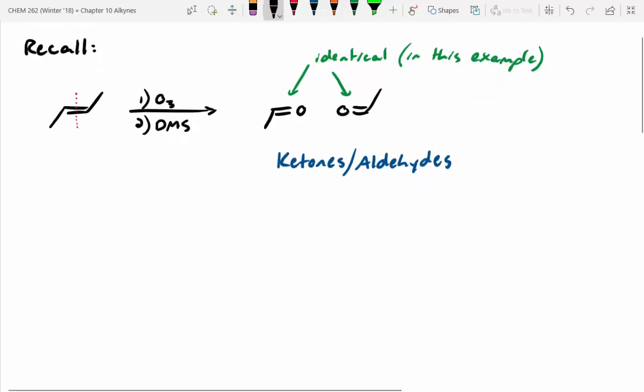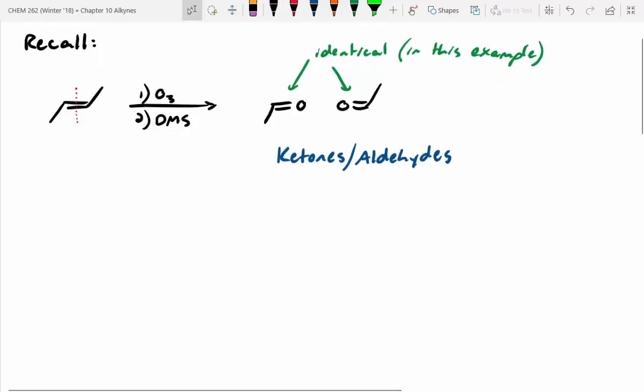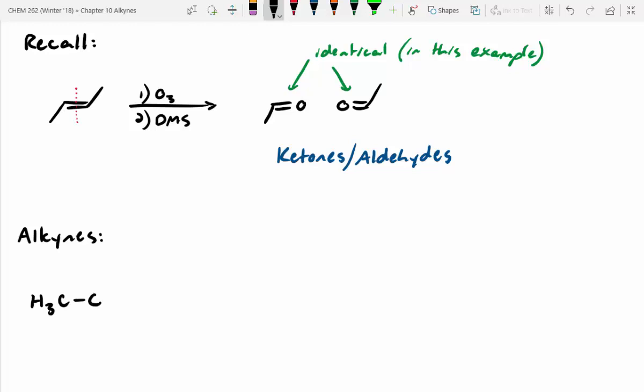All right, let's take a look at what happens when we do the same thing with alkynes. So I'll take our simple alkyne that we've been using. Actually, I'm going to color code this. So I've got a blue carbon here, red carbon here, and this red carbon's got a proton coming off of it.